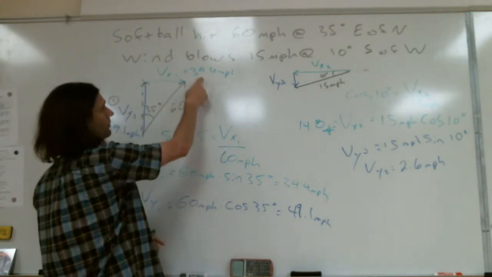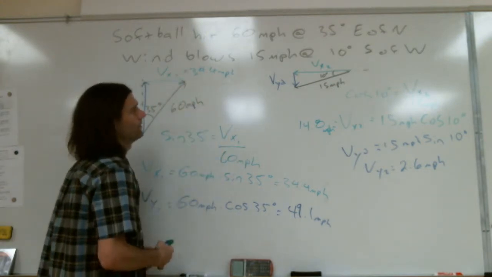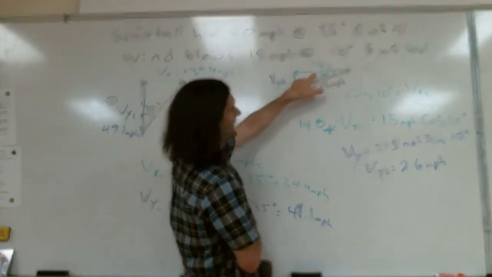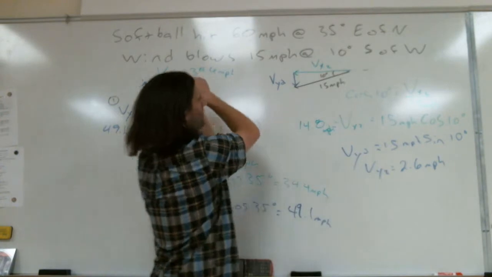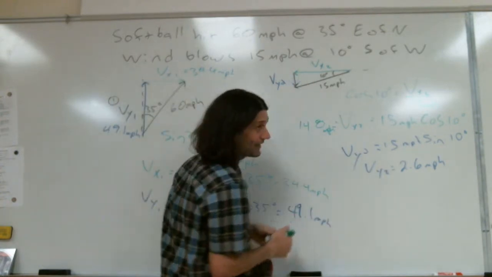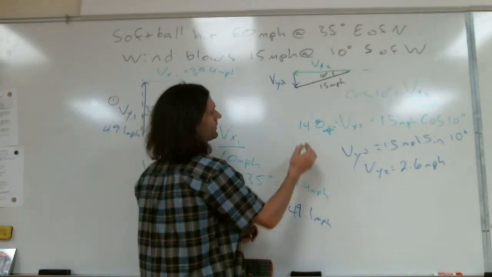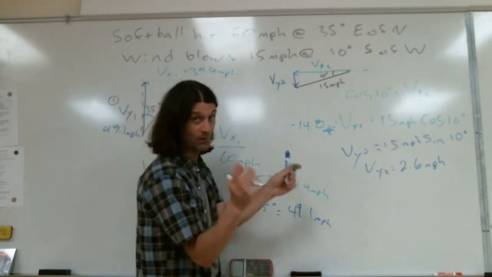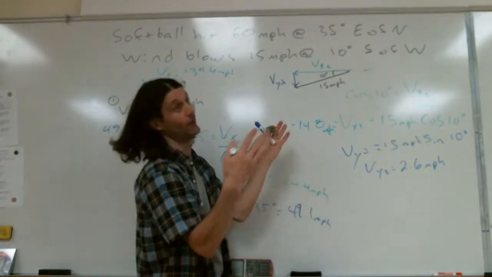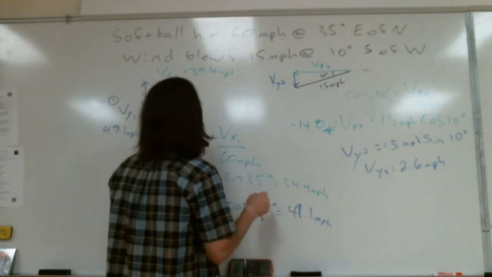So this 34.4 is a positive number. Then when you compare that to this green arrow for the second triangle, that green arrow is pointing to the left, which is clearly in the negative direction. So this 14.8 is a negative number. So when I combine them and push the plus button, I'm going to actually push the minus button.